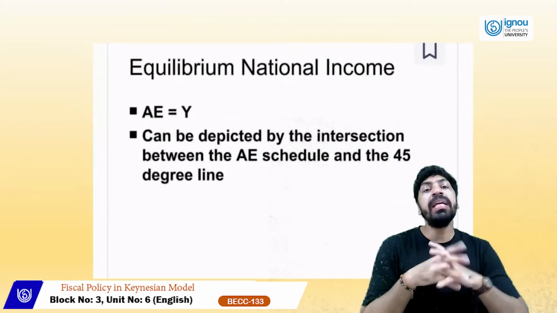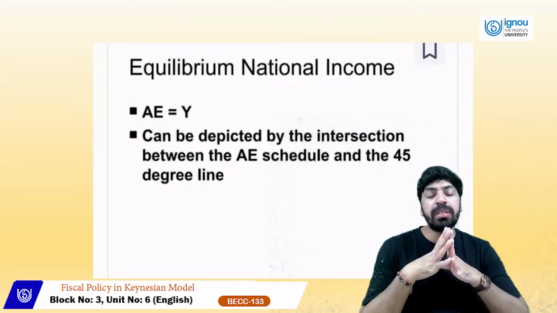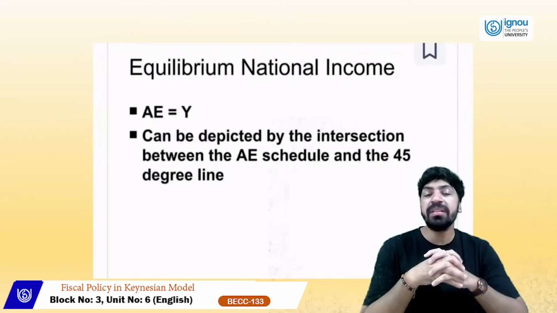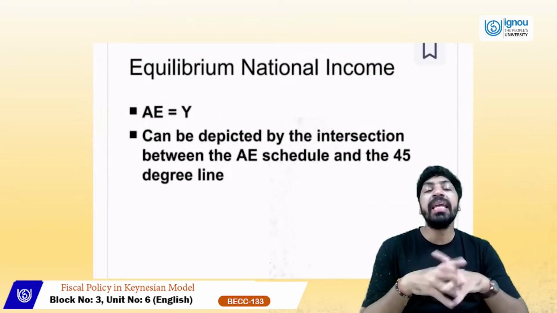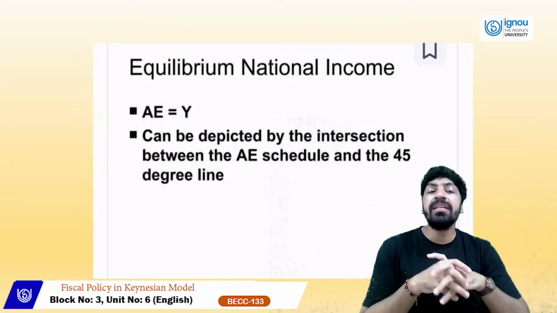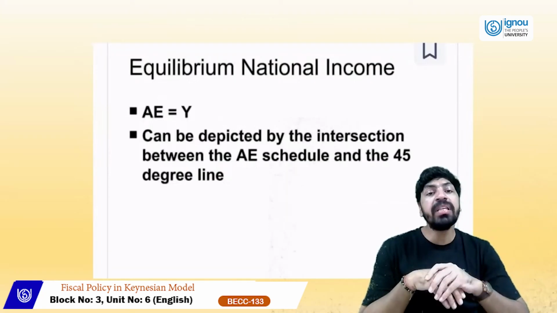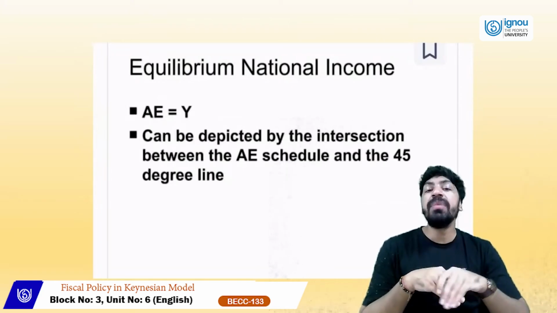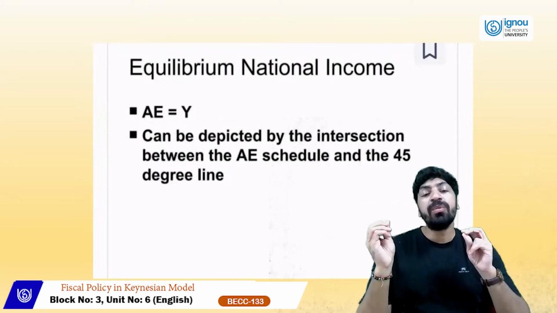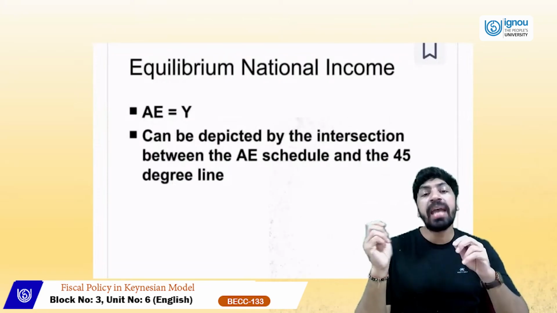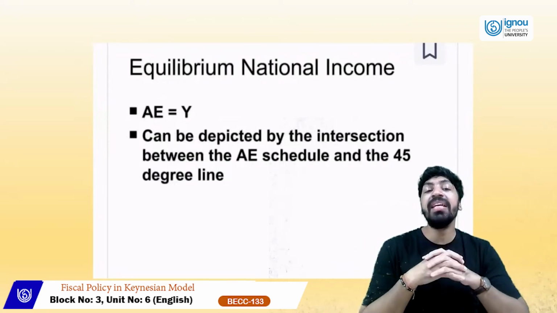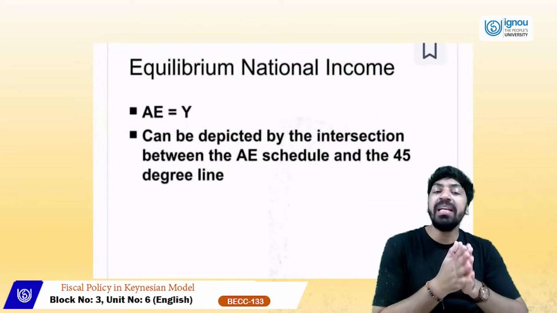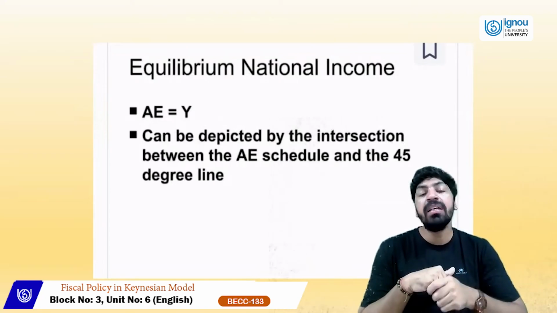Now we talk about the equilibrium national income. When we talk about the equilibrium income in the two-sector model, or the national income determination in the two-sector model, there is an equilibrium condition, that is, the aggregate expenditure is equal to income. That means this equation will be shown by a line drawn at 45 degrees. This 45-degree line is an interaction of the expenditure, consumption, as well as income.